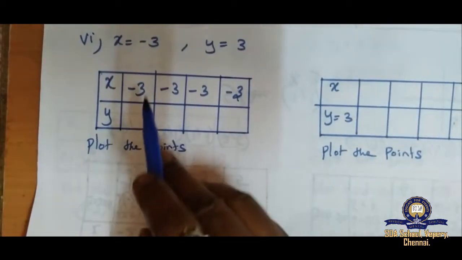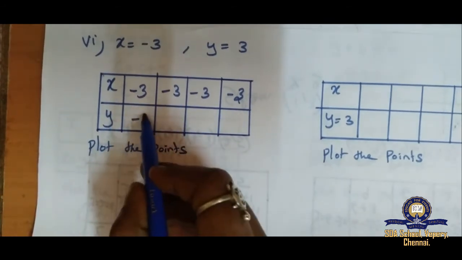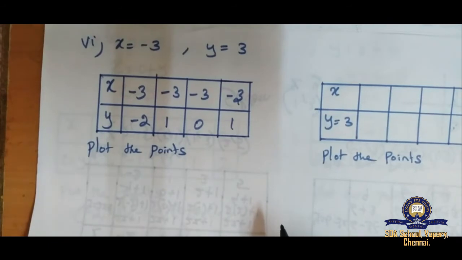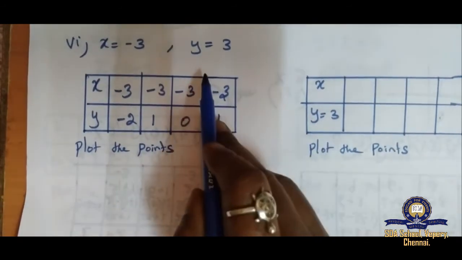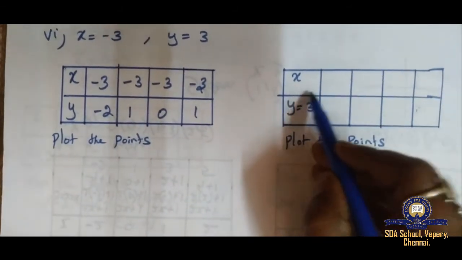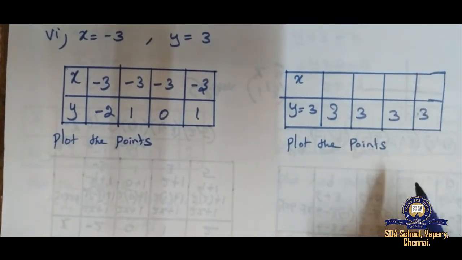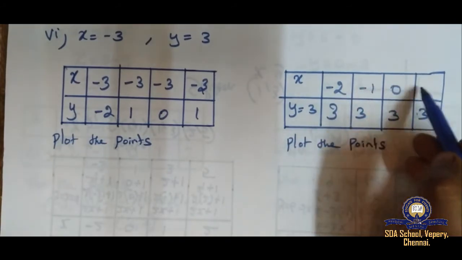Likewise, here they specifically gave that x equal to minus 3. y can be any value. So I am going to take minus 2, 1, 0, 1 like that. You can choose any other value and join it. Same way here y is equal to 3, compulsory 3. But x can be any value. So I can write 3, 3, 3 here. x can be minus 2, minus 1, 0, 1.